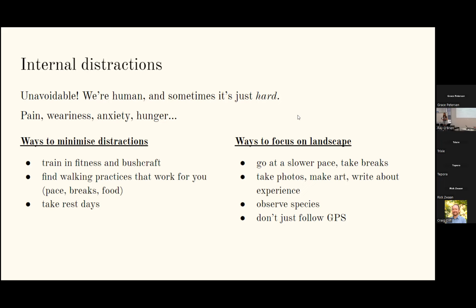Equally, if they were able to do some creative process that made them more attentive to what they were observing, or maybe literally identifying the species that they could see, that would also make them more attuned to the landscape. And people noted that when they were following that red line on the GPS, they ended up having quite narrow vision and not being so open, so avoiding that.